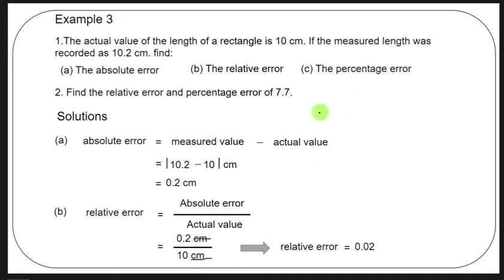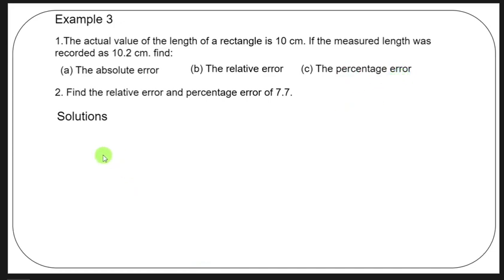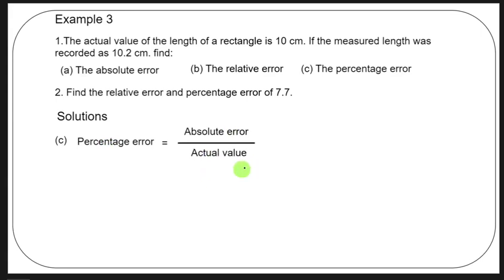All right, now let's move to percentage error, C. Percentage error will be equal to absolute error divided by actual value times 100%.